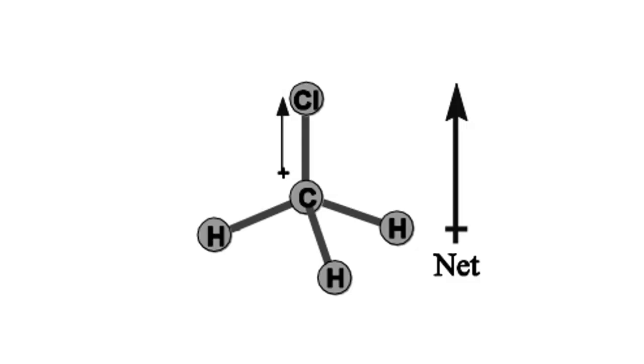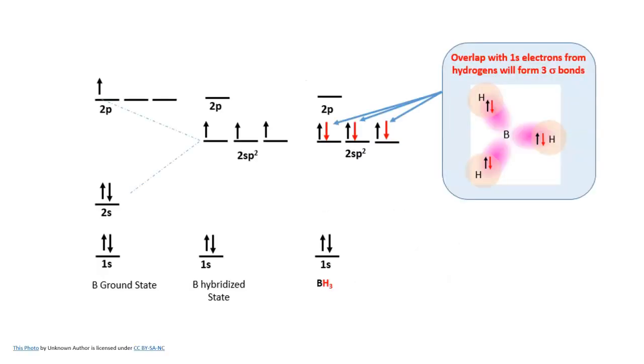You're going to determine the electronegativity for each bond on the central atom using your periodic table. You'll draw your dipole arrows. Carbon-hydrogen is often considered nonpolar because the electronegativity difference between them is so small. If dipole arrows cancel each other, then you have a nonpolar molecule. If the dipoles add up to a net dipole, then it's going to be a polar molecule.